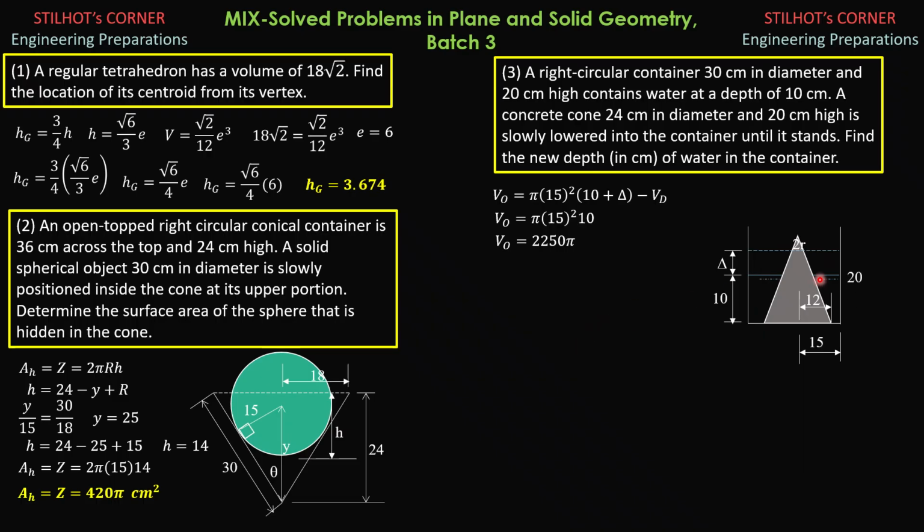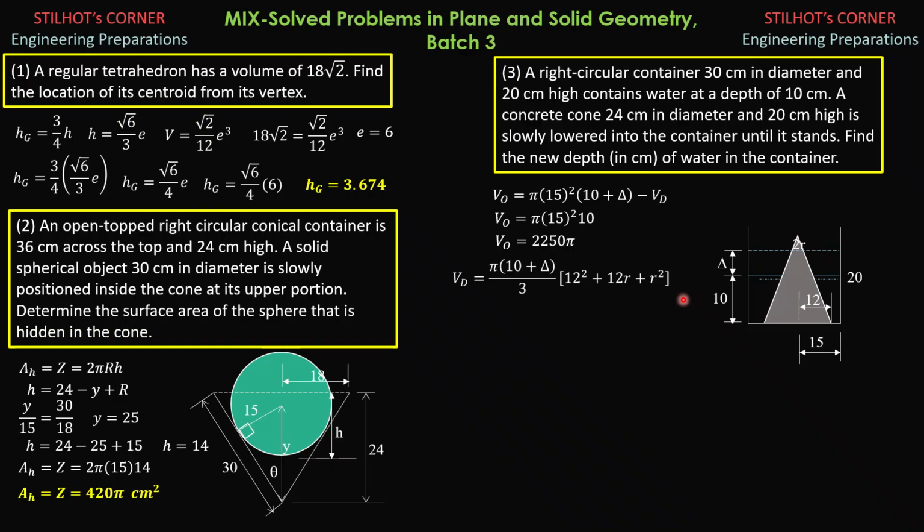So that's 20. So this is 20 minus this height of the portion of the cone that is now exposed, which is 20 minus 10 minus delta. So volume displaced is pi, quantity 10 plus delta over 3, quantity big radius square, 12 square plus 12 times small radius plus small radius square.